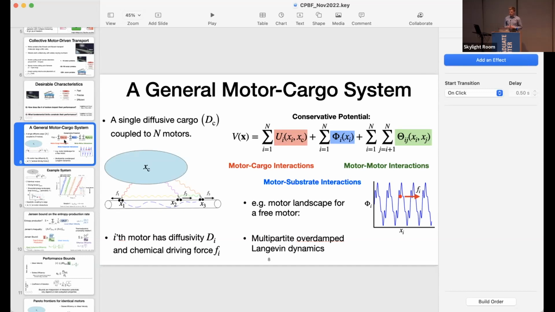We're not assuming we can measure the positions of independent motors or anything like that. The only quantity of the collective system as a whole that would be measured that really comes into this is the average velocity of the system. So I think that's typically measured by people just measuring the position of the cargo as it moves along, because that's the bigger object, easier to see experimentally.